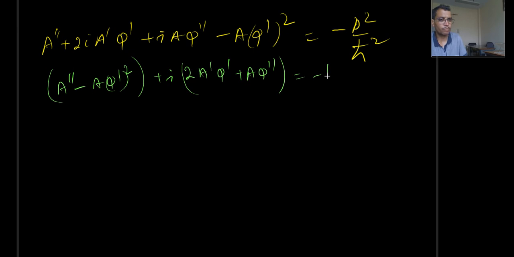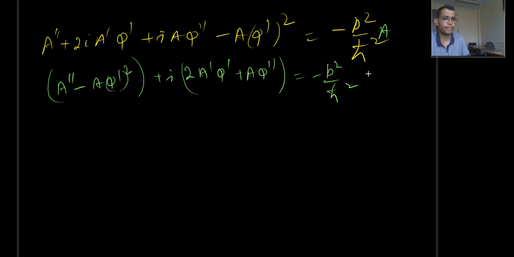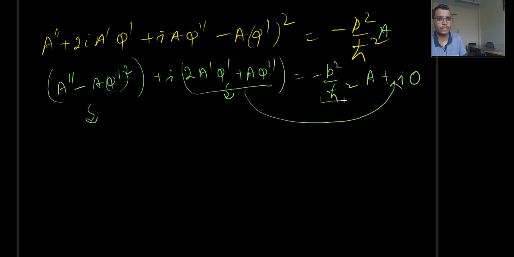It's equal to minus p square over h cross square, and a is also there. Sorry, I missed it, a is also there. So a plus iota 0. So this is the real and this is the imaginary part. So this is equated with 0 and this part is equated with this part.